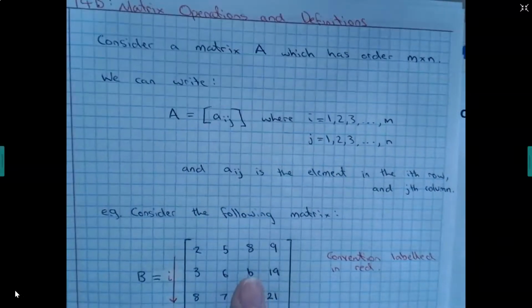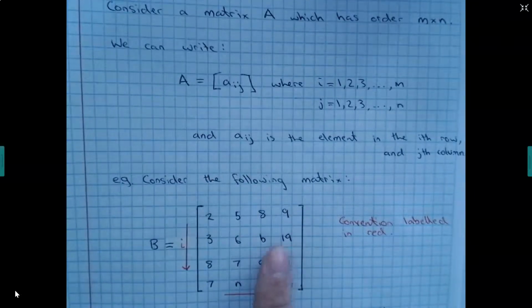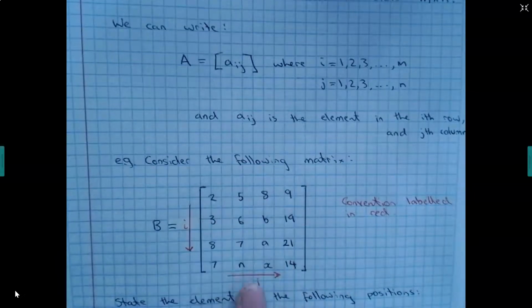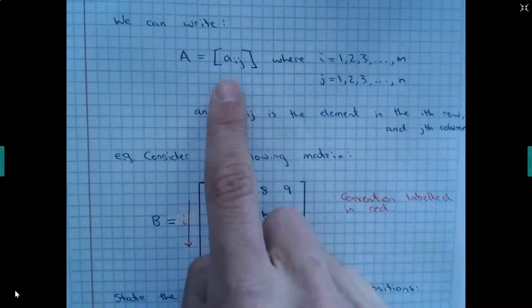Now, a convention that we can use to label any position in this matrix. So here we've got a matrix. What's the order of this matrix here? It's an easy one because it's got the same amount of rows and columns. The order of this matrix would be a 4 times 4. Now, this here might look confusing for you.